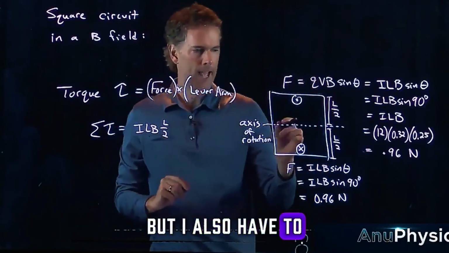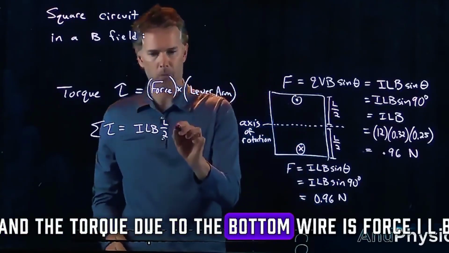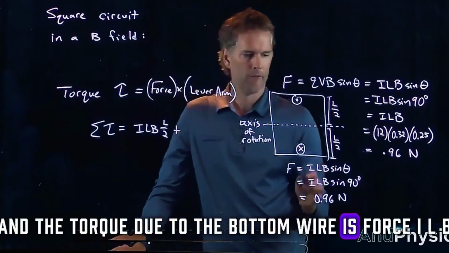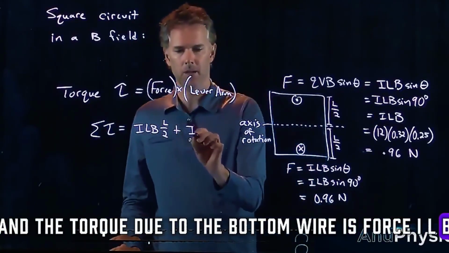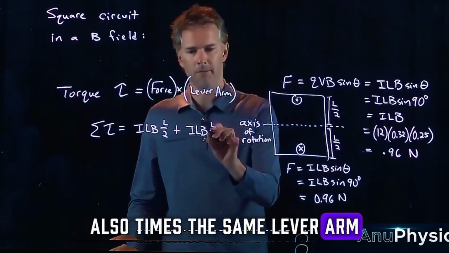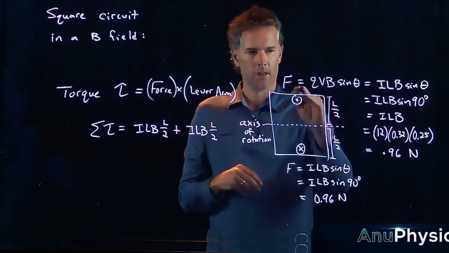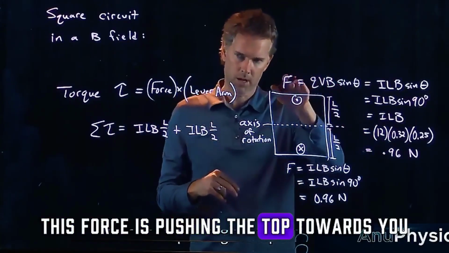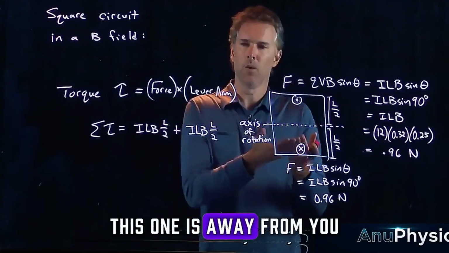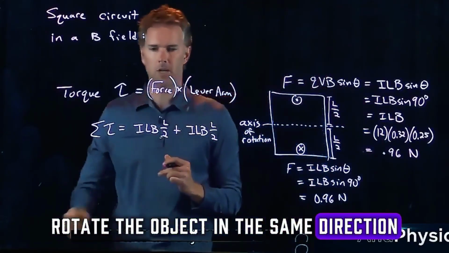But I also have to add the torque due to the bottom wire. And the torque due to the bottom wire is force, ILB, also times the same lever arm. Because it's trying to rotate it the same way. This force is pushing the top towards you. This one is away from you. And so they're both trying to rotate the object in the same direction.